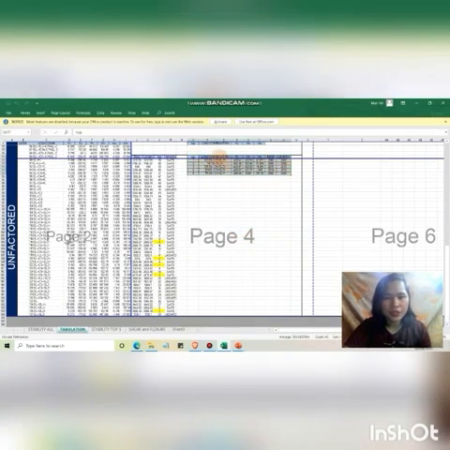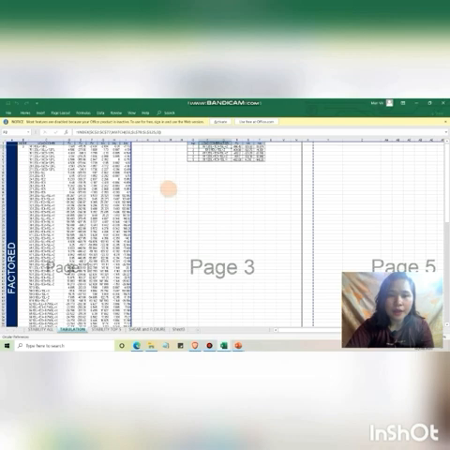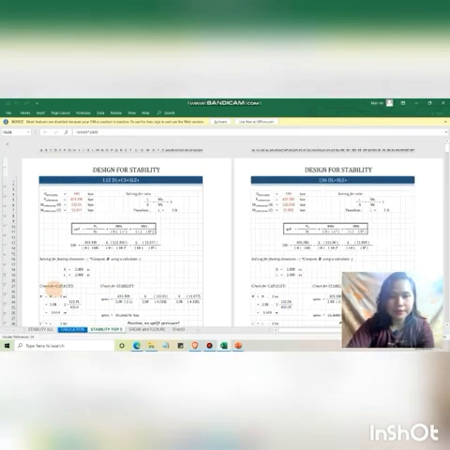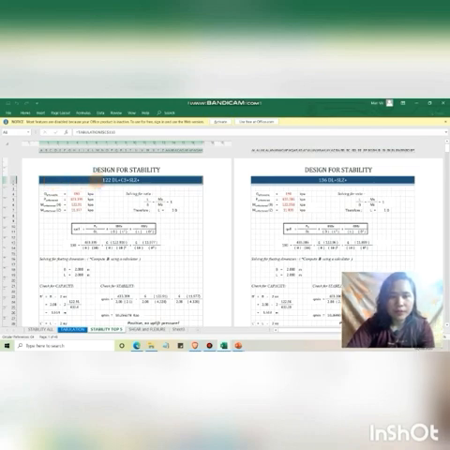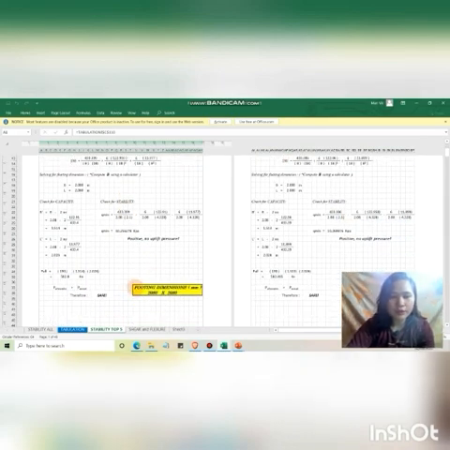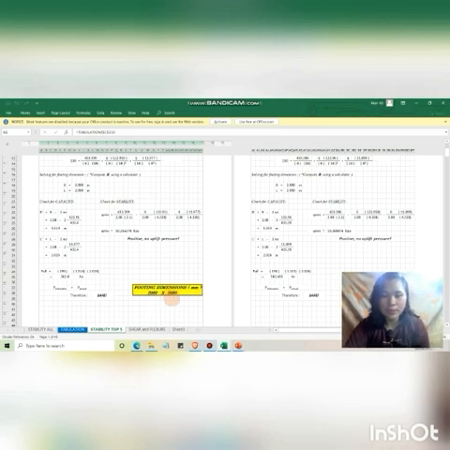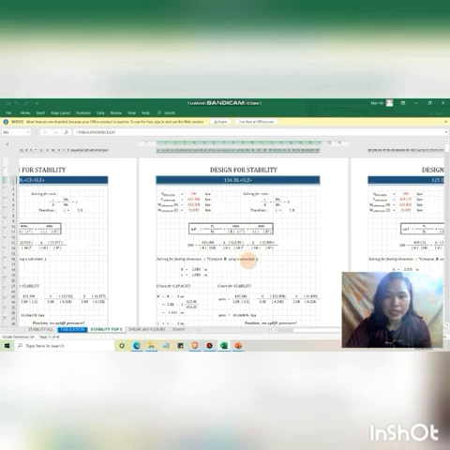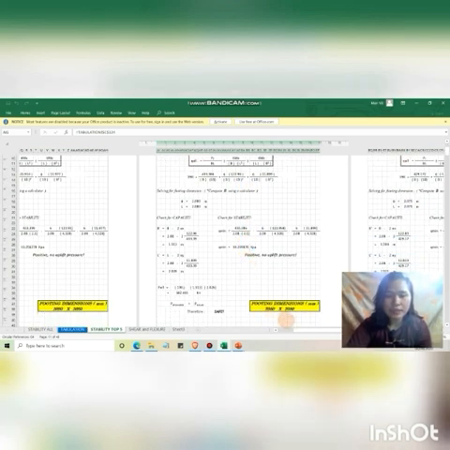You can see the load combinations of our top 5, the PY of our top 5, MX and MZ, as well as our calculated base and length. To further see our top 5, we will go to this sheet, stability top 5. For our top 1, the load combination 120 with footing dimensions of 2080 by 2080 millimeters. For our top 2, we have load combination 136 and footing dimension of 2080 by 2080 millimeters also.